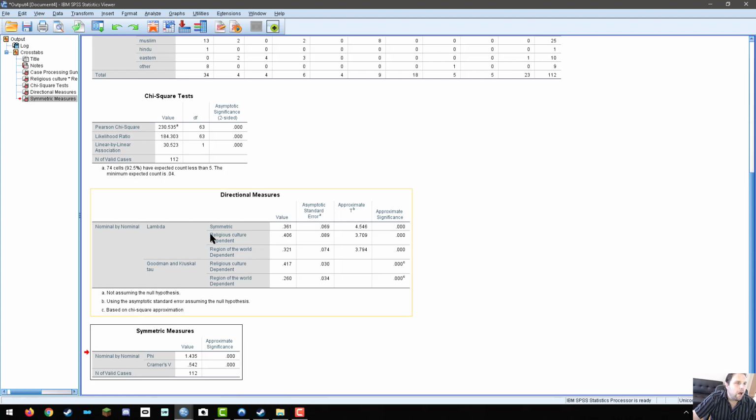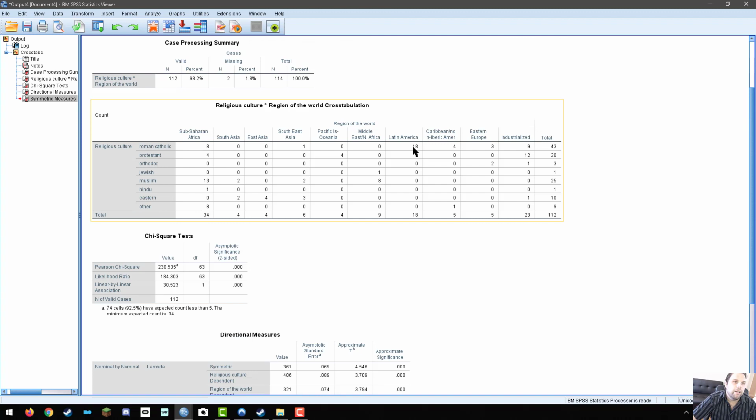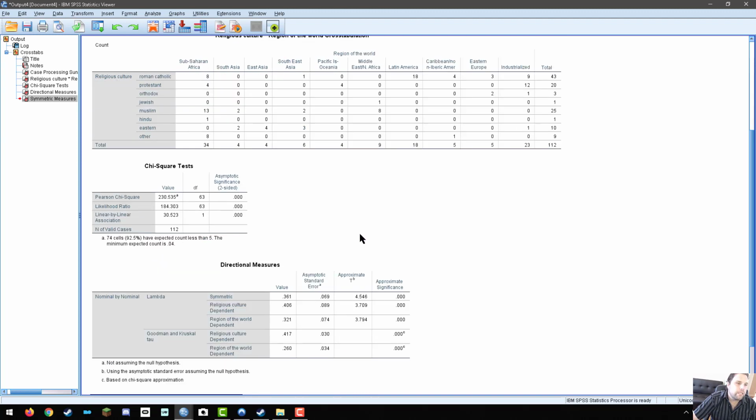And then we go up and we take a look at our lambda score. So if we look at our lambda value, it's 0.361, okay? And what that basically means is that just like with a Pearson's R squared coefficient of determination, basically 36.1% of the variation in the dependent variable is contingent upon the variation in the independent variable. So if your region changes, there's basically a 36.1% chance that your religion is also going to be changing along with it.